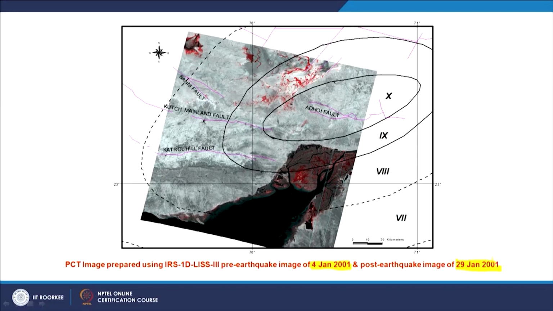So, when we took these infrared channels and assigned the red color for pre and post green and blue, and when we made the pseudo color transform image, what you are seeing in this, that all red areas are showing the changes in terms of more moisture or water bodies.